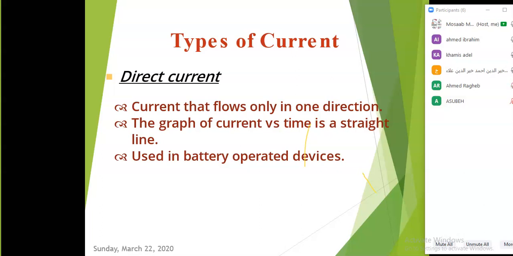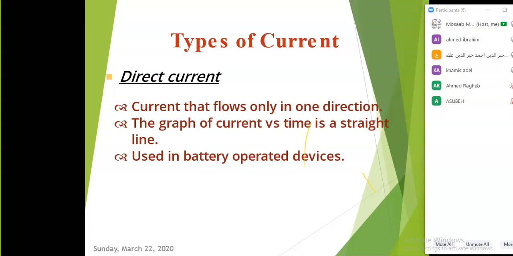Light. Yes. Light uses both DC current and AC current. You can use a torch with batteries, and also you can use light in your homes, bulbs.